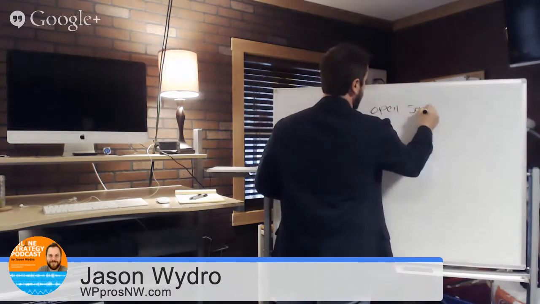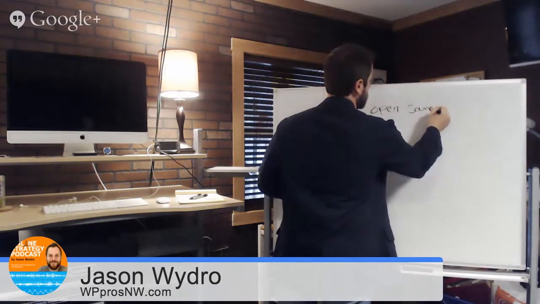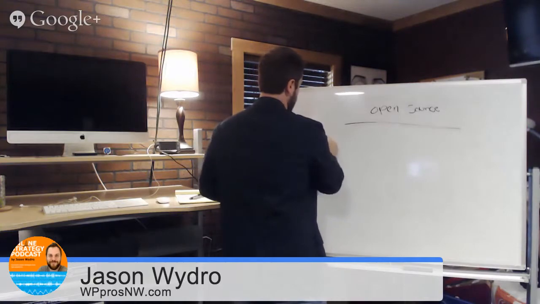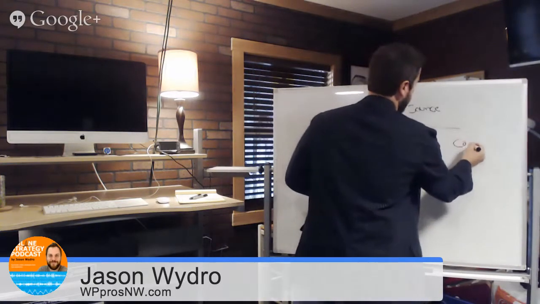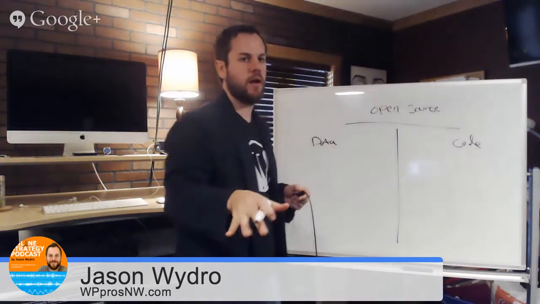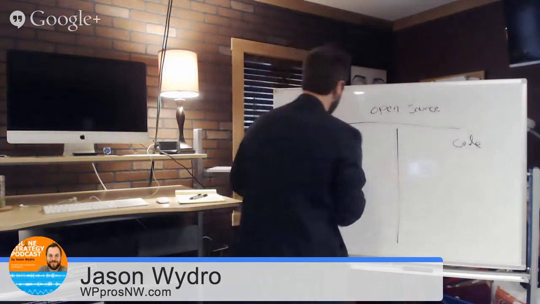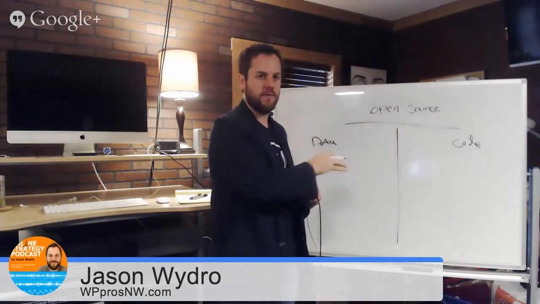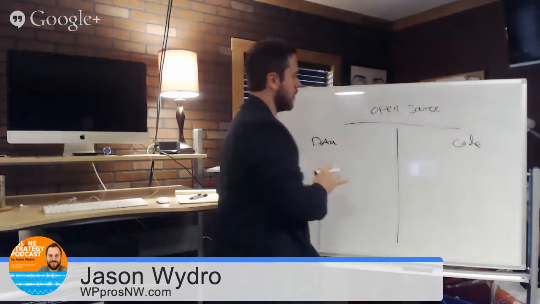And we know that because it's open source, the database and code are available. And again, if you've watched my earlier presentation, we'll fill in a lot of this. So the data and code are all available as a developer or as a business owner.